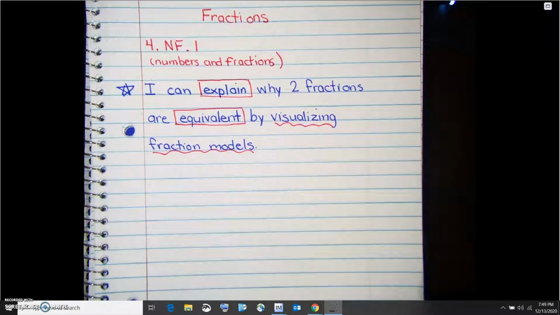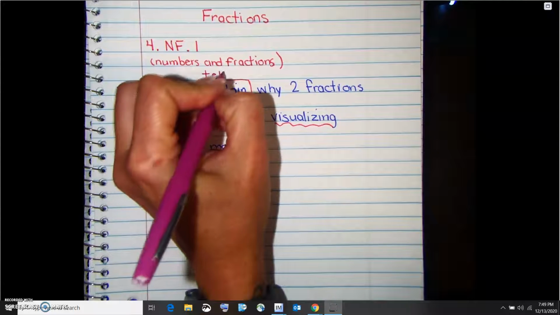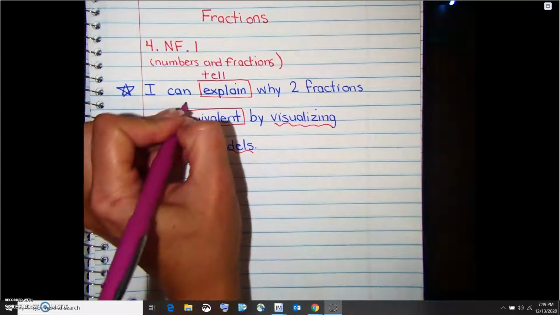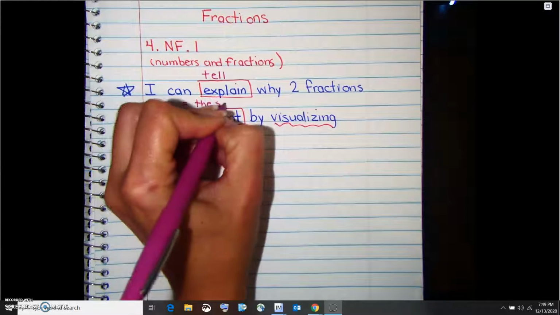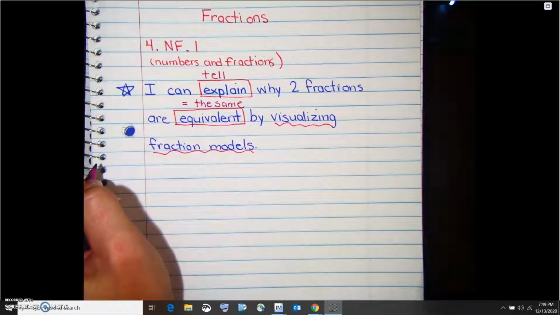So explain. All that means is tell. I need you to be able to tell me. Tell me why two fractions are equivalent, and that means the same. So I can tell why two fractions are the same by visualizing fraction models.